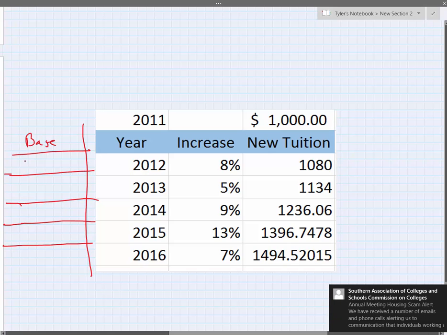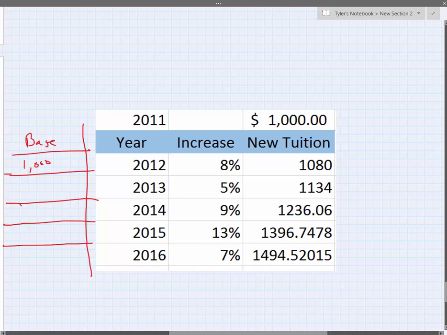So with the year 2012, if we start off with $1,000, my base is 1,000. And for 2013, my base would actually be whatever the tuition was in 2012. So in other words, the $1,000 is the amount in 2011. So the base for 2013, what this is calculated from, would be the cost in 2012, and so forth.